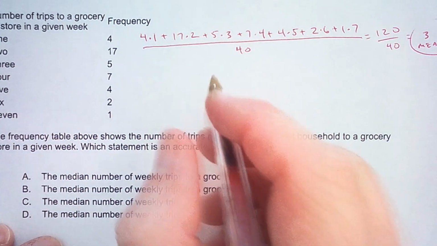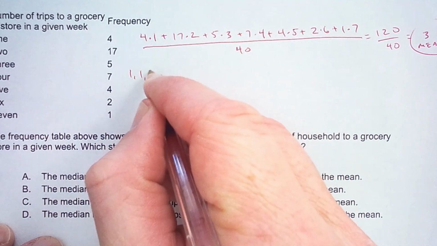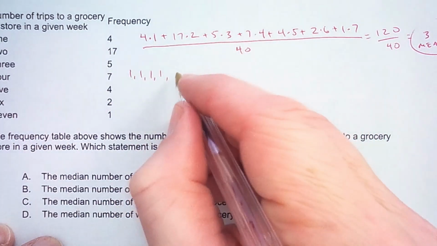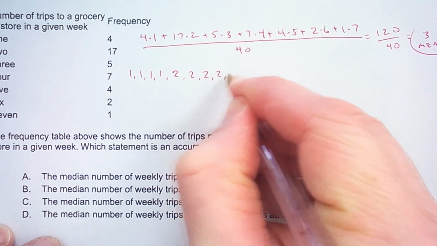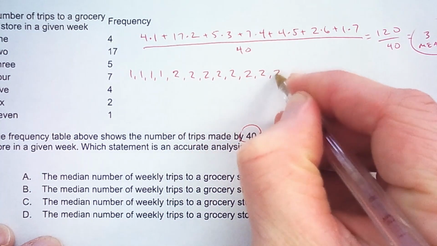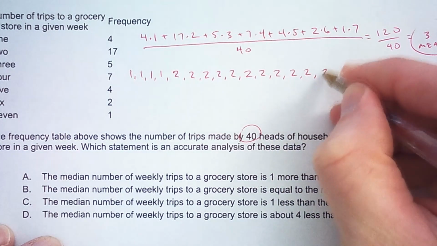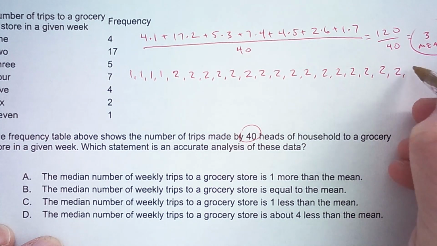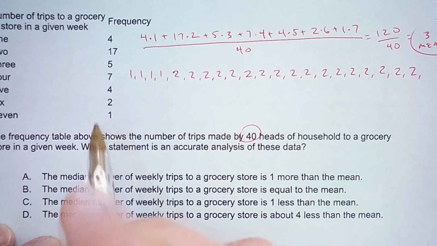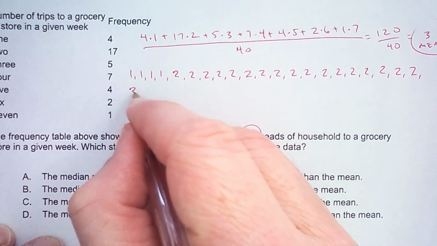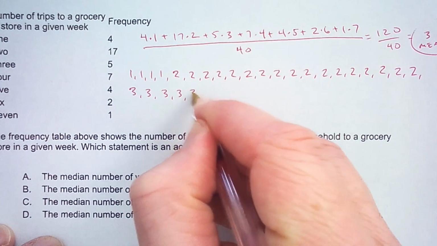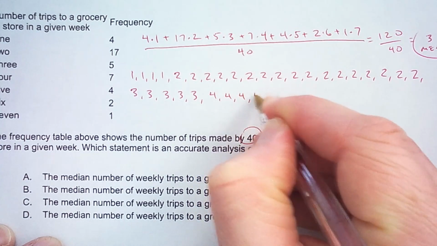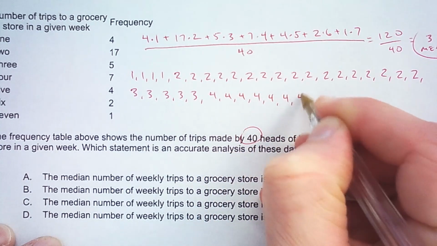So there were 4 people who said 1, so I need 4 ones. 1, 2, 3, 4. 17 people said 2, so I need 17 twos. 1, 2, 3, 4, 5, 6, 7, 8, 9, 10, 11, 12, 13, 14, 15, 16, 17 twos. 5 people said 3. 1, 2, 3, 4, 5. 7 people said 4. 1, 2, 3, 4, 5, 6, 7.